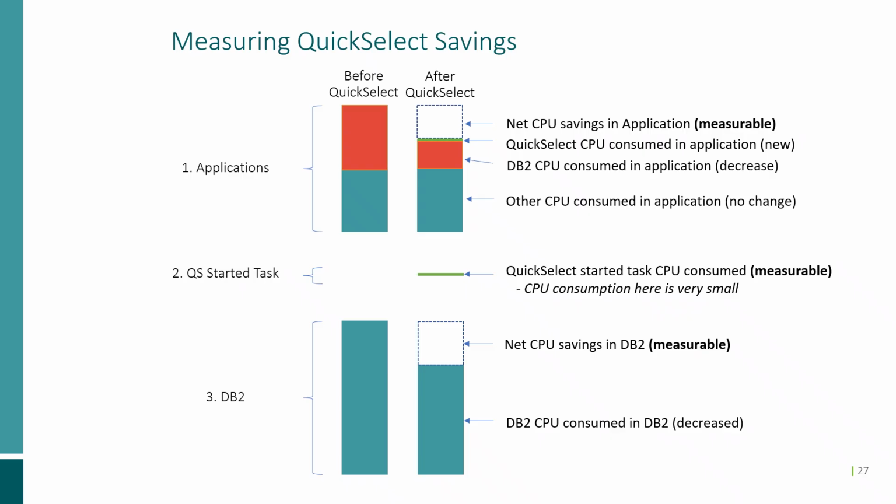One part of QuickSelect that is directly measurable is that of the QuickSelect started task. You can measure this. It consumes a very small amount of CPU. QuickSelect also generates a small amount of overhead within the application itself. Again, here you can measure the net savings on average over time, and QuickSelect disappears into those net savings.